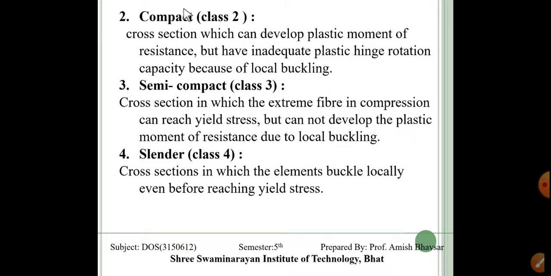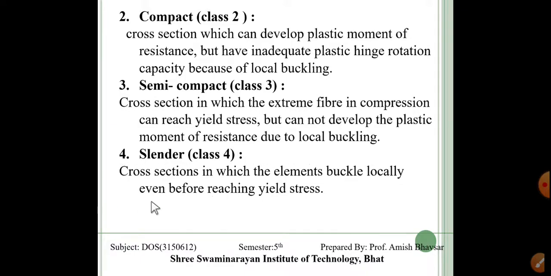Second one is the compact cross section, which can develop the plastic moment of resistance but has inadequate plastic hinge rotation capacity because of local buckling. Semi-compact: the cross section in which the extreme fiber in compression can reach the yield stress but cannot develop the plastic moment of resistance due to local buckling.